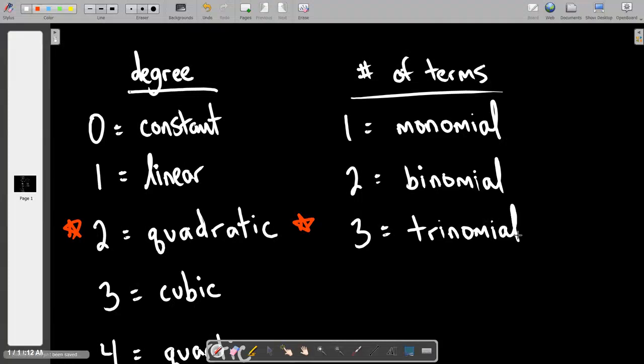The only ones that we have names for when it comes to number of terms are 1, 2, and 3. And kind of like how we bailed out after quintic when it came to degree, we bail out after 3 when it comes to number of terms. So if it's a 4-term polynomial, we just say it has 4 terms.